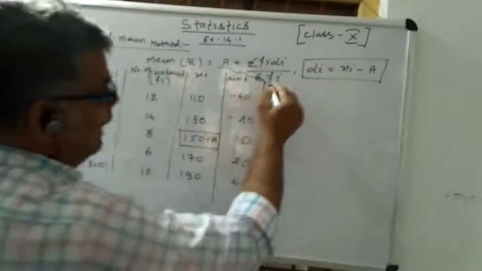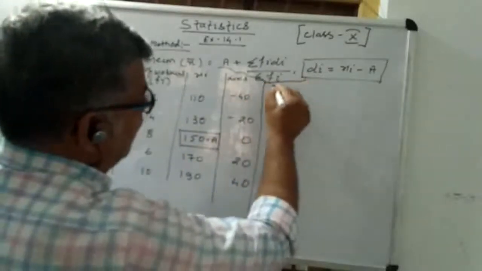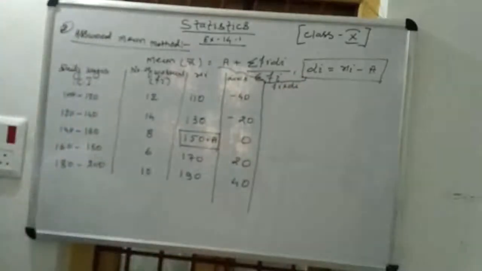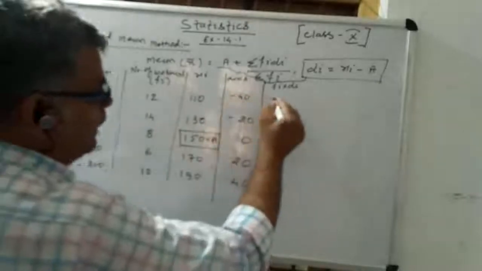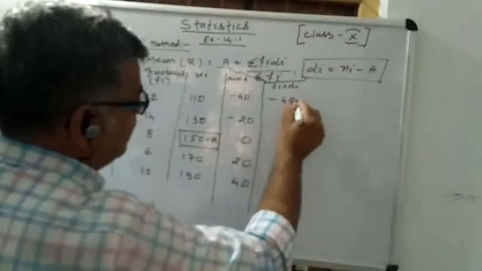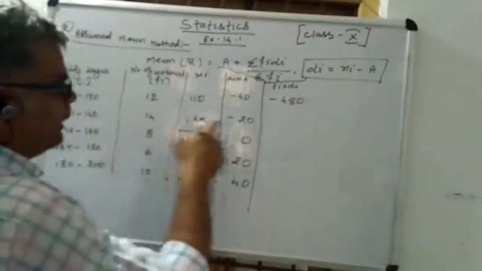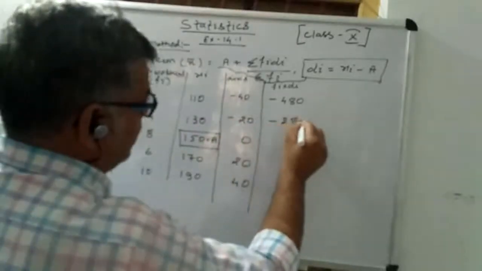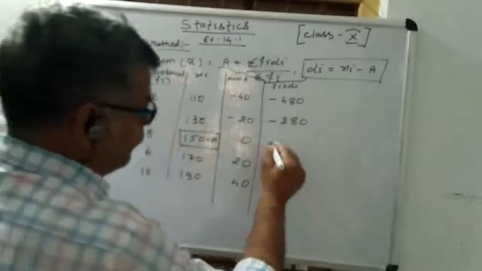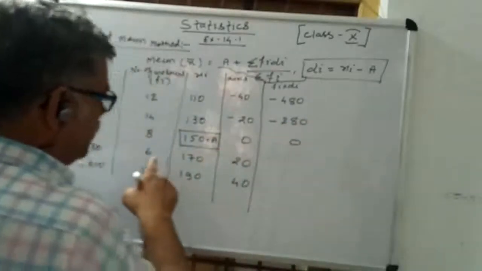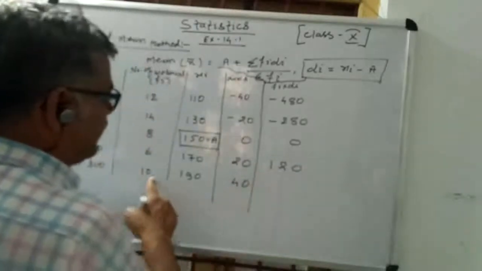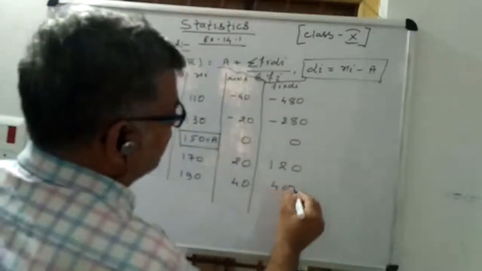Now you calculate fi into di. Multiply fi with di. 12 into minus 40 is minus 480. 14 into minus 20 is minus 280. 8 into 0 is 0. 6 into 20 is 120. And 10 into 40 is 400.